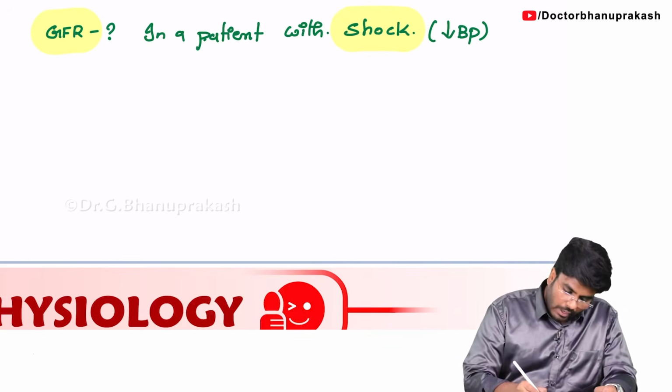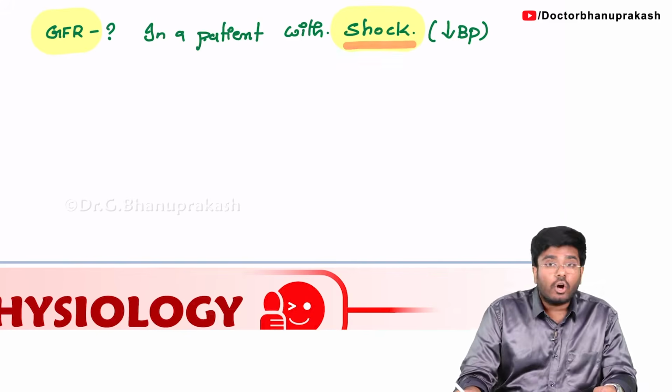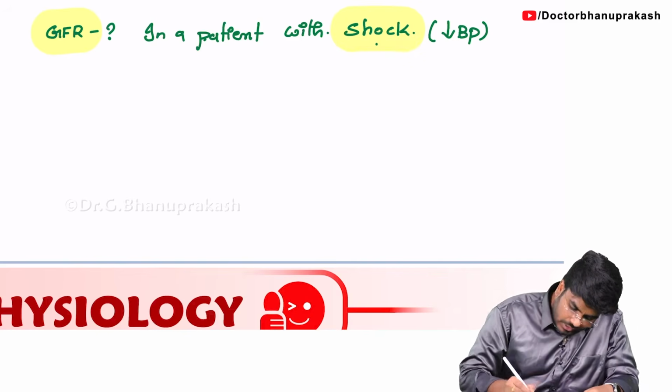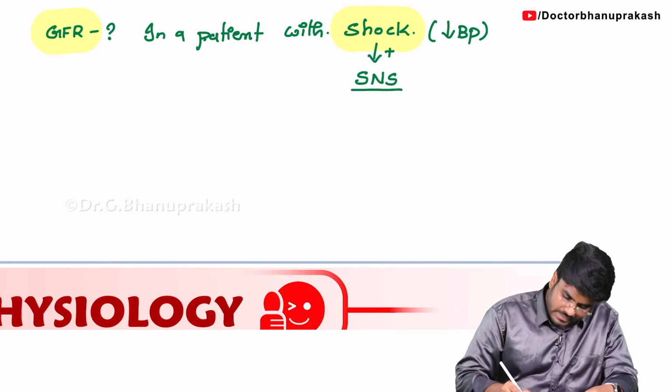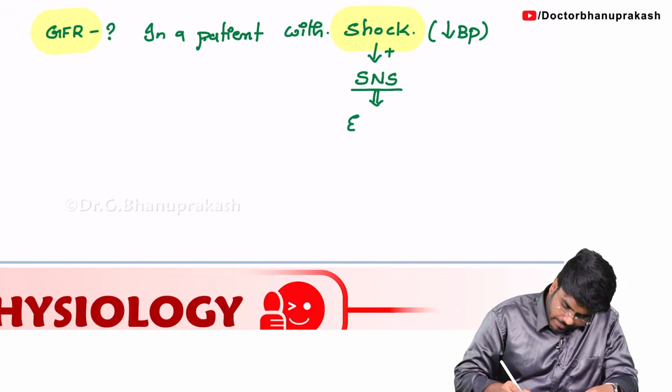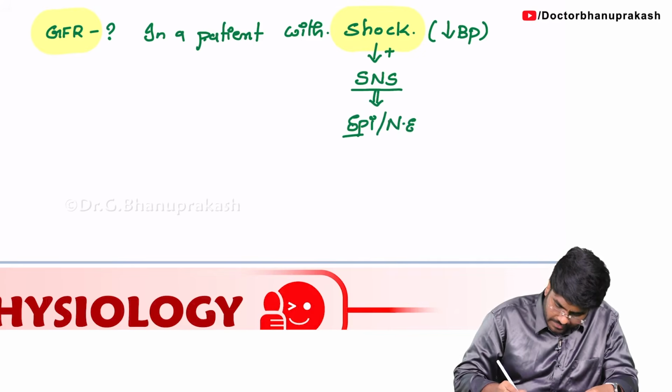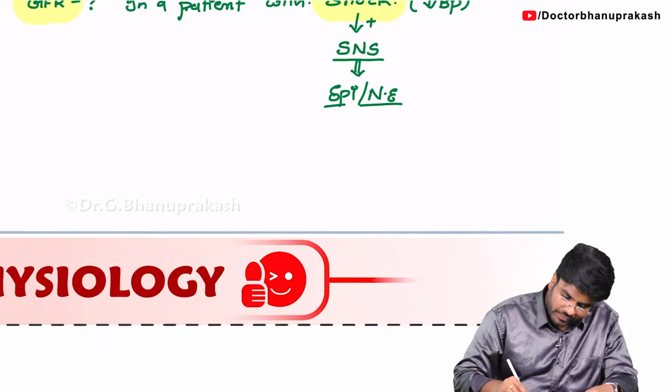Now always remember, in a patient who is in shock, do you know what happens? Shock activates the sympathetic nervous system. The sympathetic nervous system produces epinephrine and norepinephrine. What will they do?